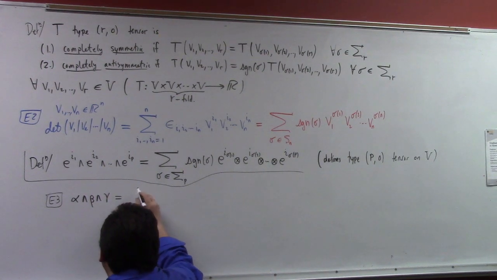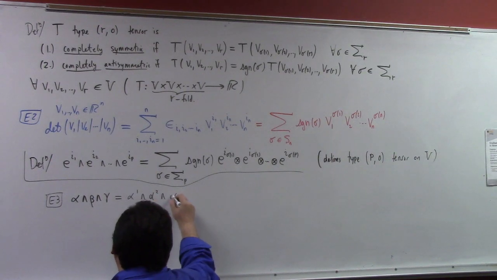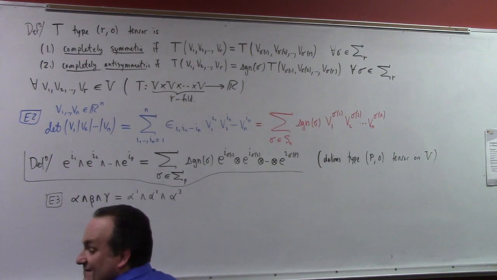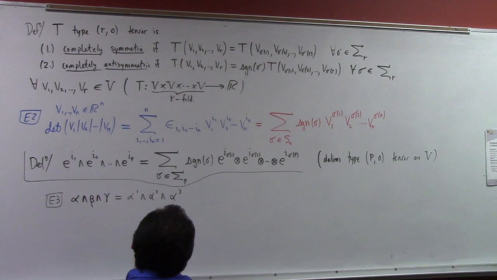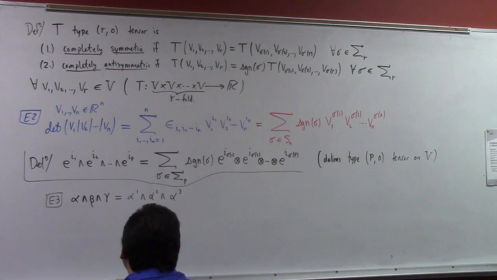So I guess I have to think of this as alpha 1 wedge alpha 2 wedge alpha 3, right? Well, I guess we define that as so.